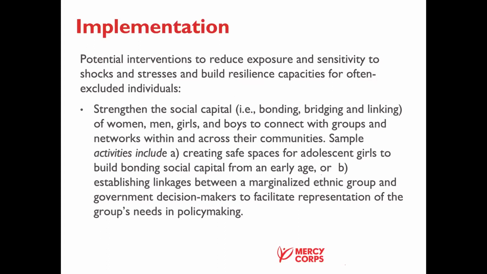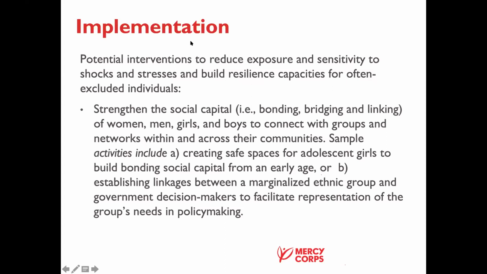Another example is trying to establish linkages between a marginalized ethnic group and government decision makers to facilitate representation of the group's needs in policy making. Those are some of the examples.